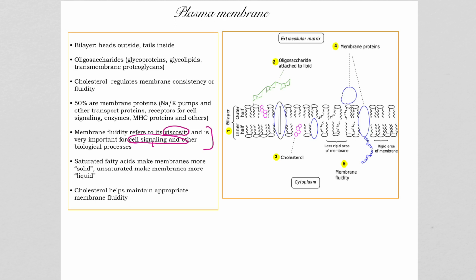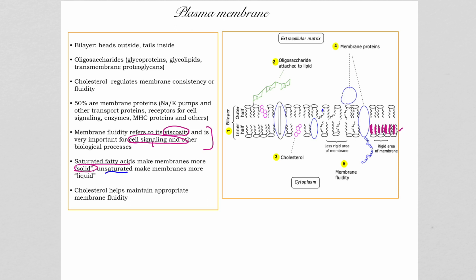Remember we mentioned how saturated fatty acids are sort of linear, and therefore you can pack them very closely to one another without much empty space. So when a membrane has a lot of saturated fatty acid, that makes the membrane more solid, more rigid.